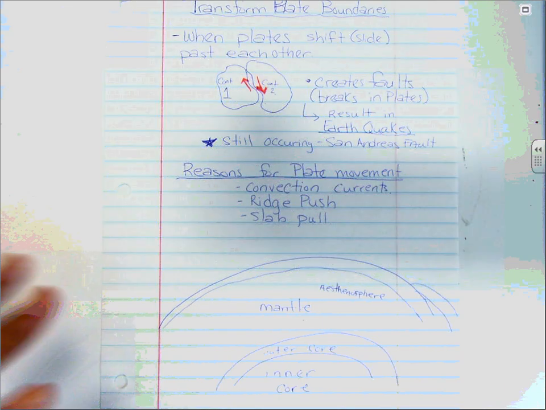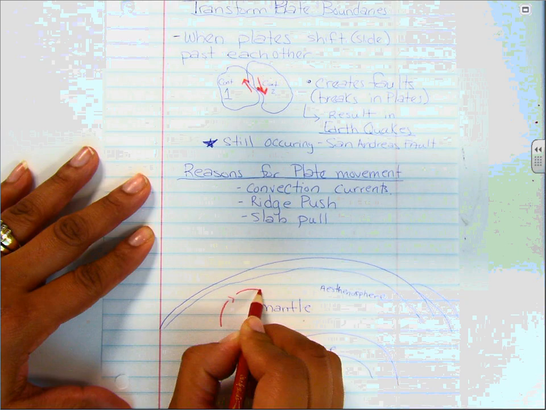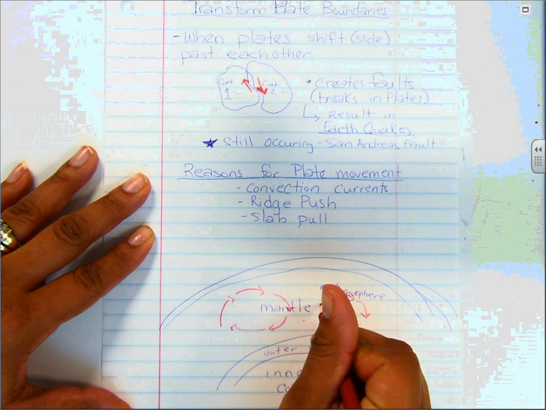And within our mantle, we have this going on. If you want to use colored pencils, there are some at your station. And everything I do, I'm going to do in a separate color. And then I'm going to underline what they are.